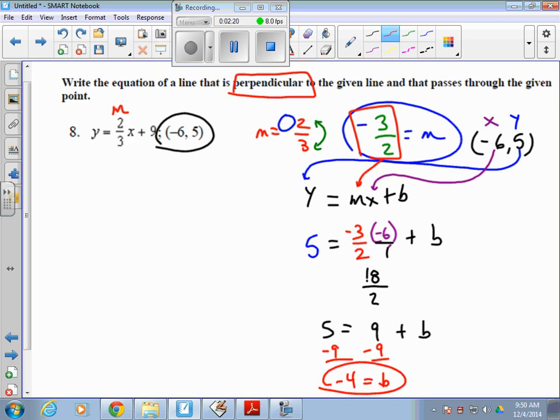So if b is negative 4 and m is negative 3/2, now we have a slope and a y-intercept. Y equals mx plus b. M's value we found since it was perpendicular is negative 3/2. B's value we just found by plugging in the point is minus 4. So y equals negative 3/2 x minus 4.